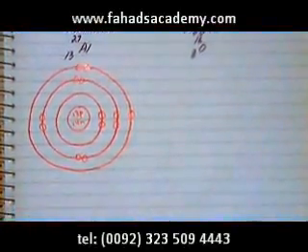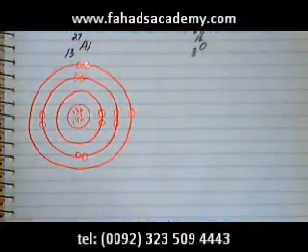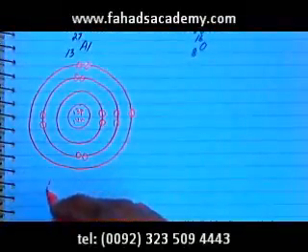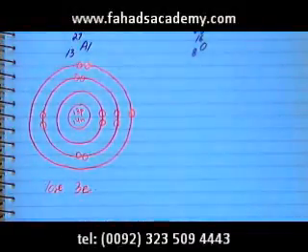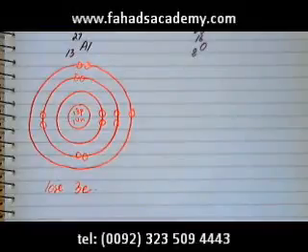Now if you look at aluminium, it has an unstable electronic configuration. To become stable, it needs to lose 3 electrons.